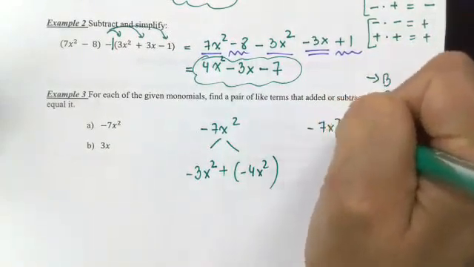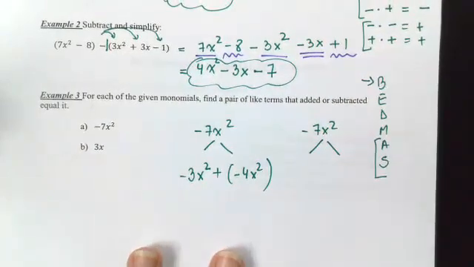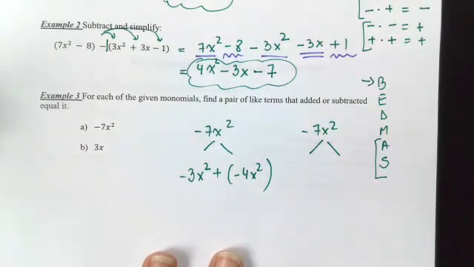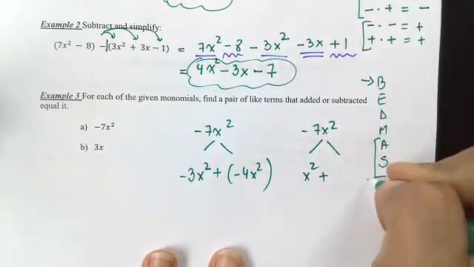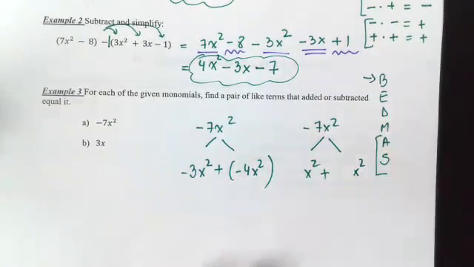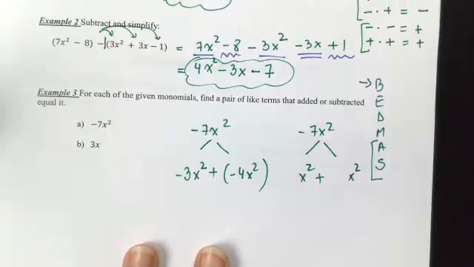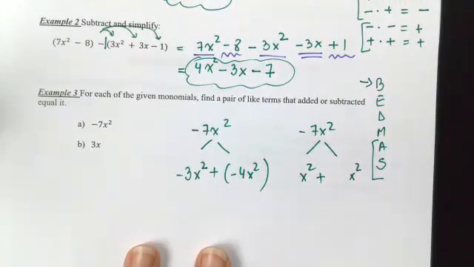So how about you find a pair? Add them. So what other pair of like terms can we add that will give us negative 7x squared?